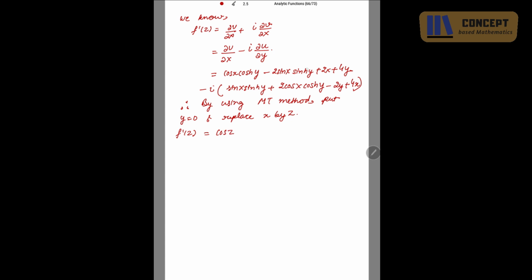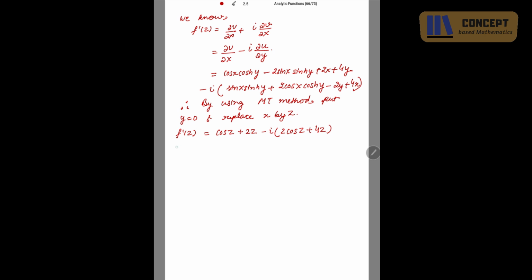Here this term will be 0 because sine of hyperbolic y is 0, plus 2z. This term is 0, minus iota. This term is also 0. This term will be 2 cos z. Minus, this is 0, this is 4z. Okay.